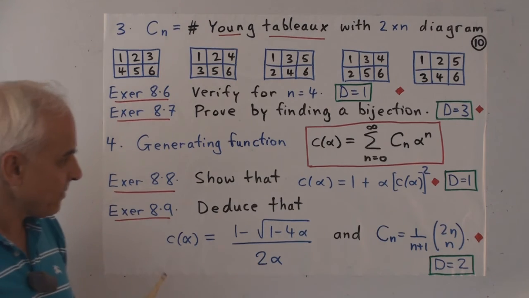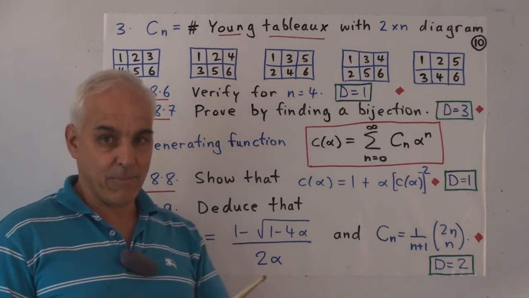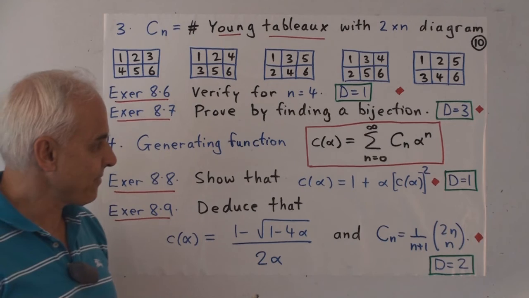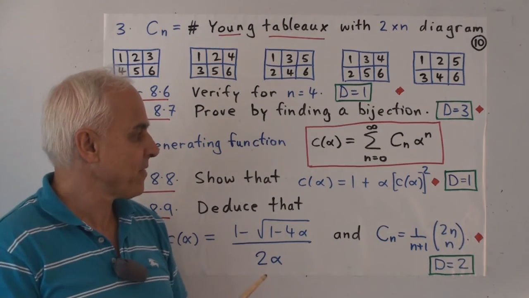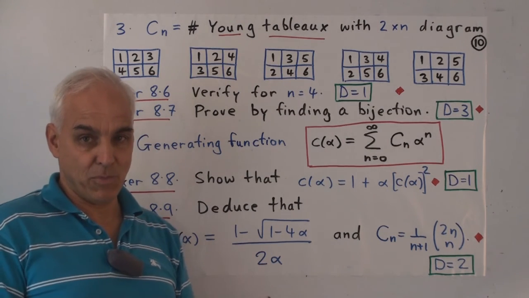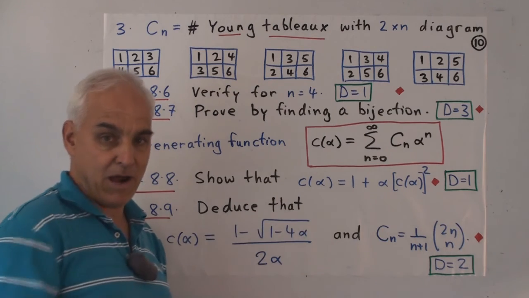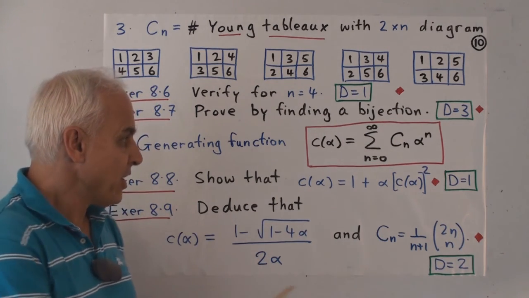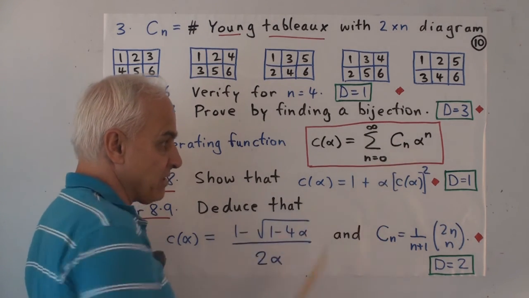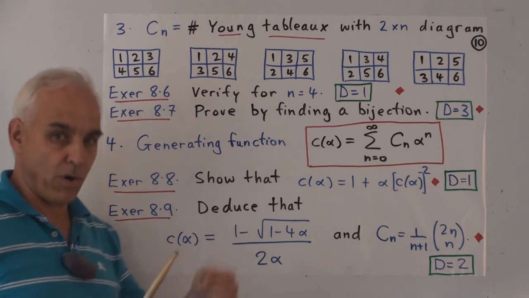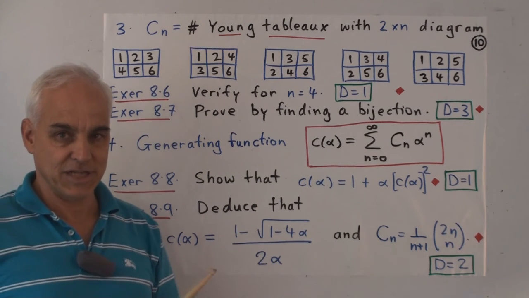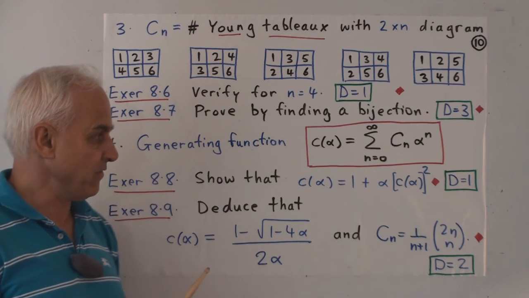So the idea here is that to something like the Catalan numbers, we associate a polynomial, but rather a special polynomial that has higher and higher powers of, say, alpha in them. So the various coefficients of the various powers of alpha record the elements in your sequence. That's the basic idea of a generating function.